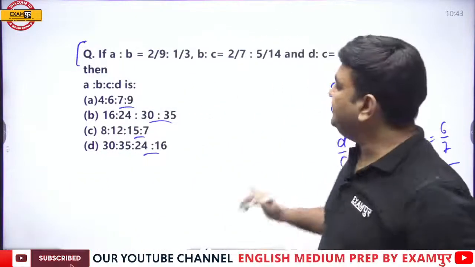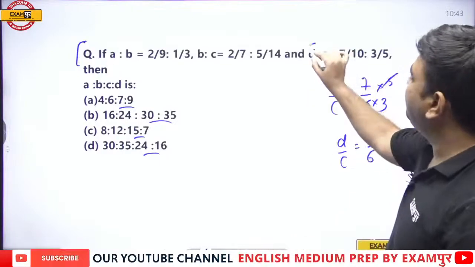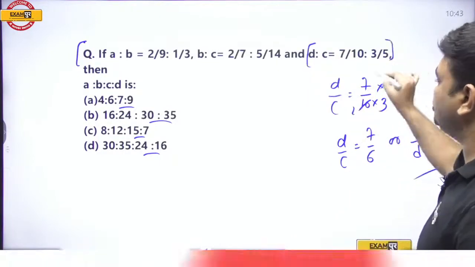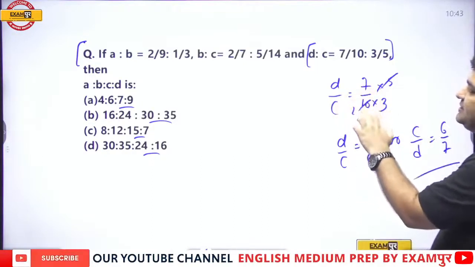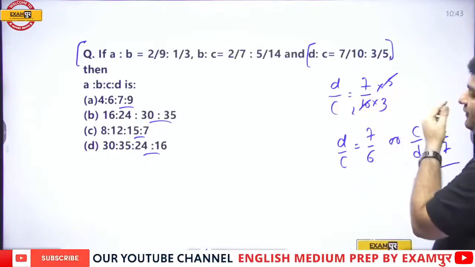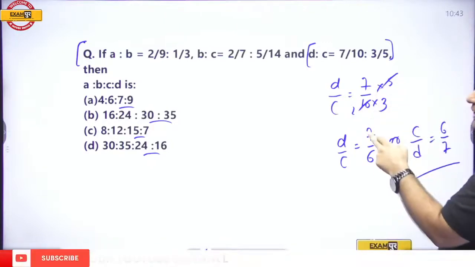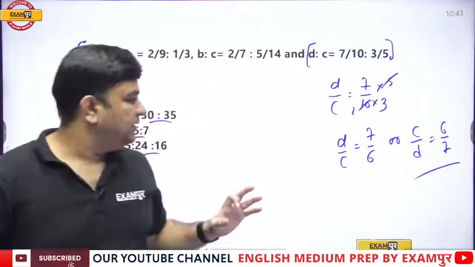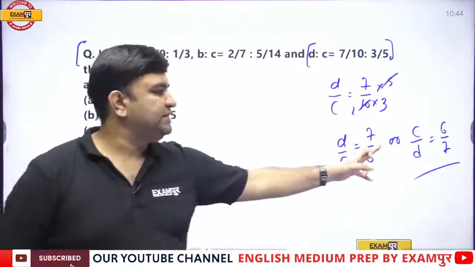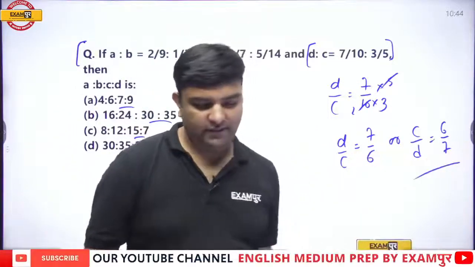So we picked up C ratio D. So we are interested in the C ratio D initial ratio. So D by C is 7 by 10 into 3 by 5. 5 2s are 10, 7 by 6. So D by C is 7 by 6, or you can say C by D is 6 by 7.